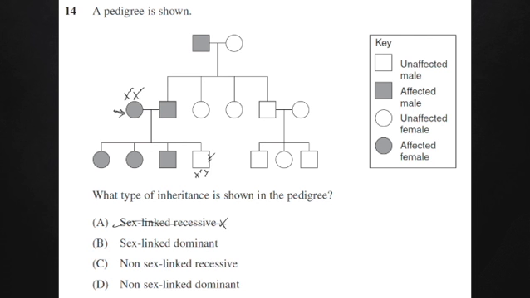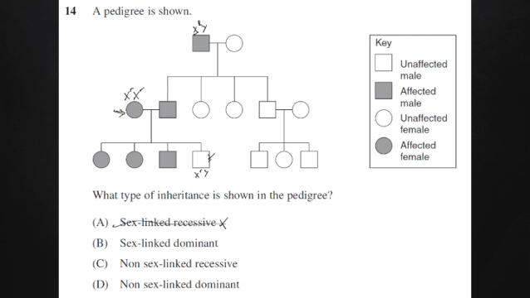What about sex-linked dominant? If it's sex-linked dominant, if the father has it, the daughter must have it. So for instance, at the top here, if the father has it, and this is sex-linked dominant, let's just say he's got the capital R here, and he's got the Y. Well, it doesn't matter what the mother has because he's going to pass that dominant X allele to all of his daughters.